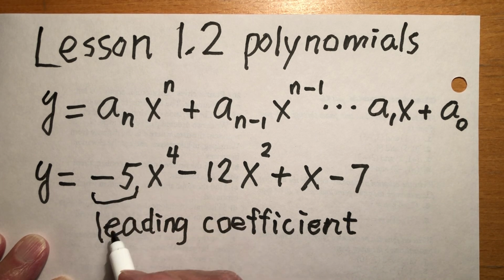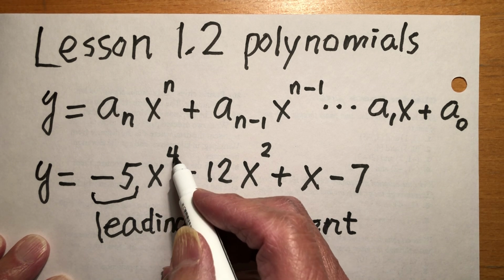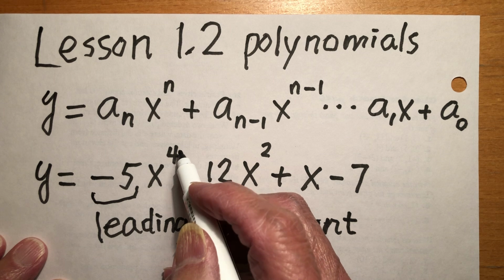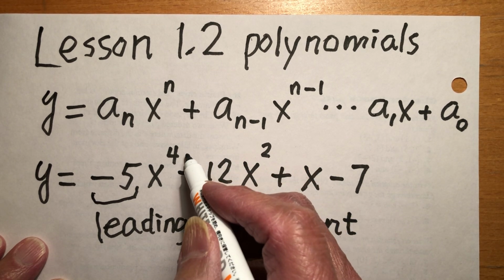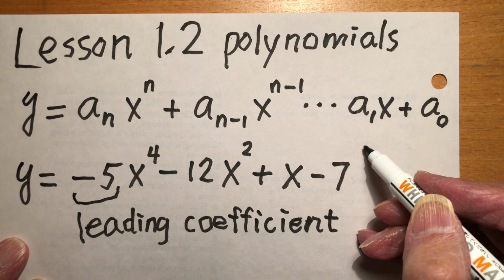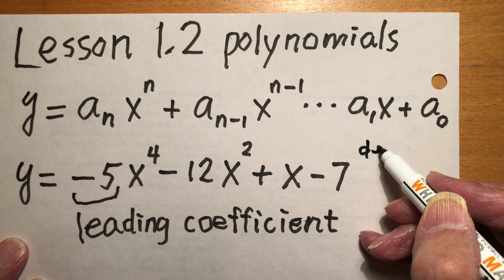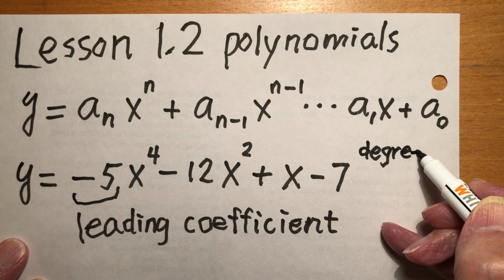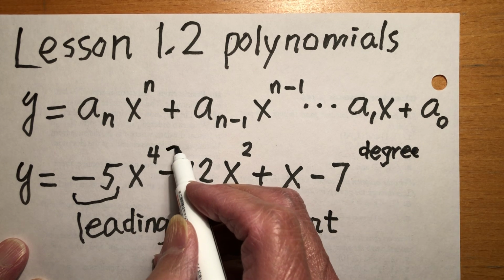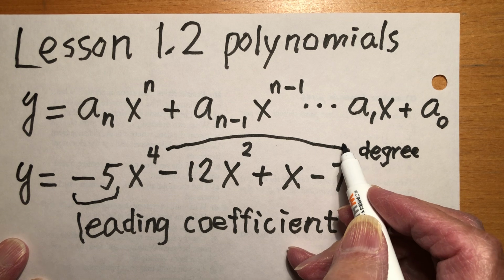Negative 5 is called the leading coefficient. The 4 is the degree, you call it degree. The 4 is the degree of the polynomial.